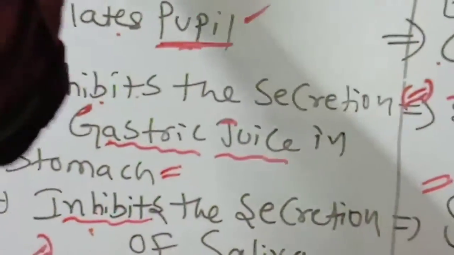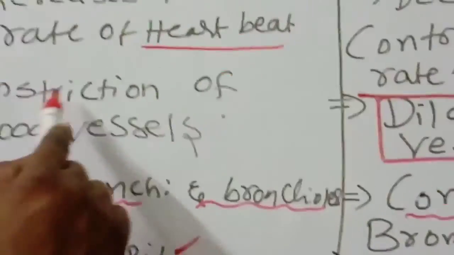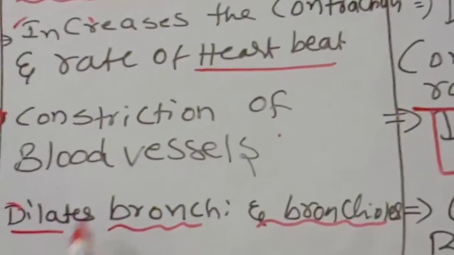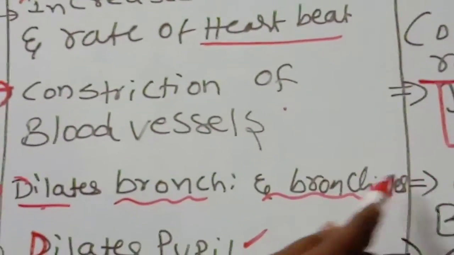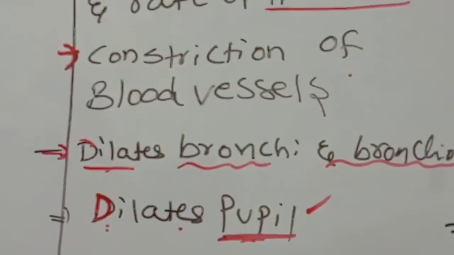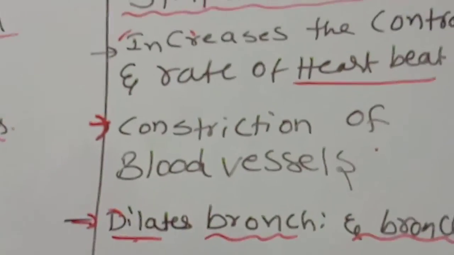Exact opposite. One is increasing, one is decreasing; one is constricting, one is dilating. These are all most important concepts in the autonomic nervous system.